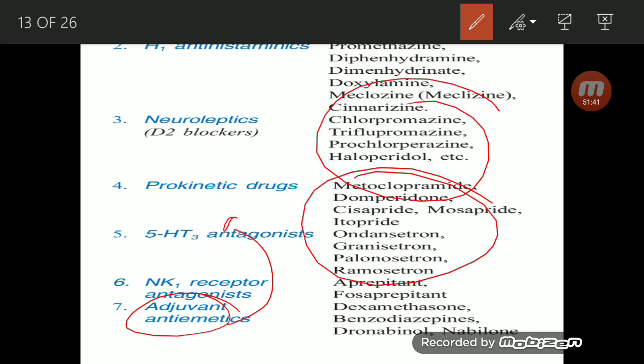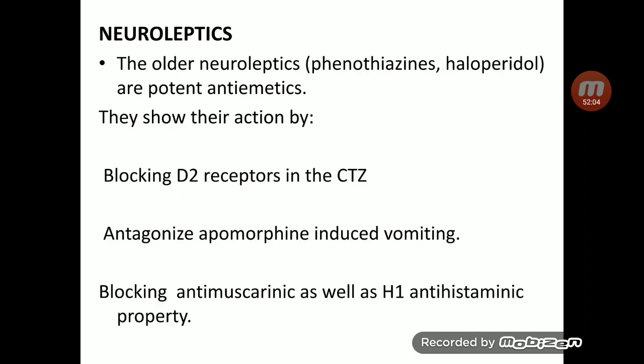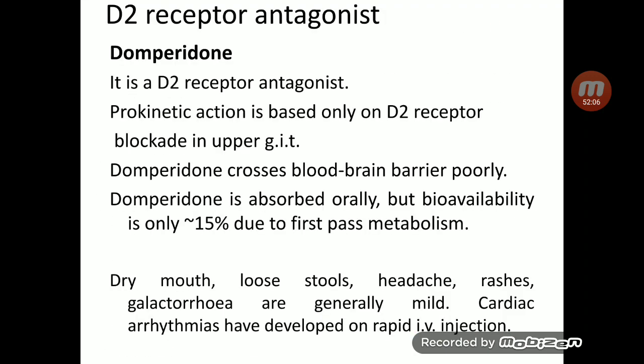They may be dexamethasone, which is a steroid, benzodiazepines, which produce their effect by sedation, and dronabinol and nabilone, which are generally cannabinoids. So they are your adjuvants. They are used in combination with other drugs. They are not used singularly.